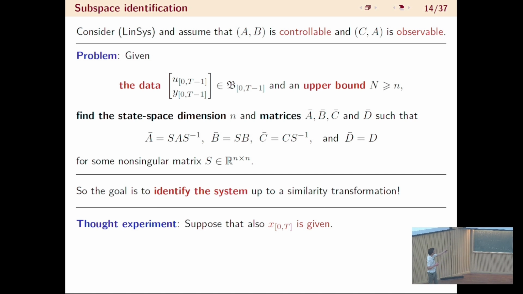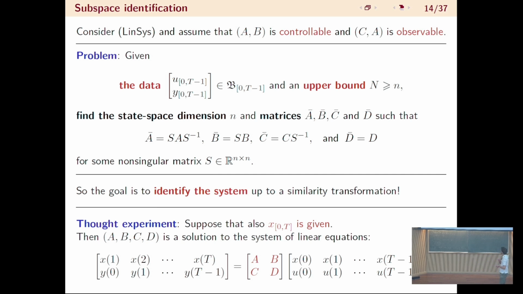Suppose that in addition to the input-output data, also the state was given. That's of course a restrictive assumption, because in general you only measure the output of your system. But let's try to run with this idea for the moment, and later on I weaken this. If also the state is given, then I could have a look at this system of linear equations.